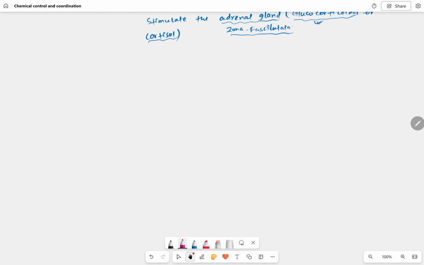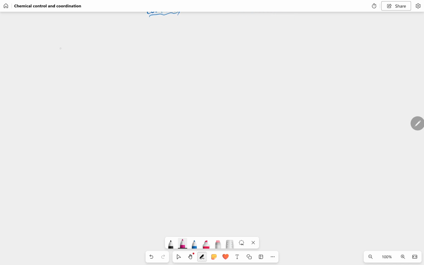Now another important hormone is prolactin. The short form is PRL, which is very frequently used.